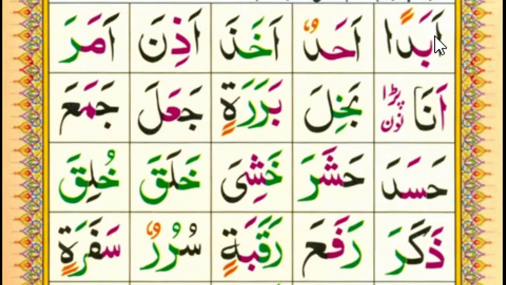So we say Hamza, Fatha, A. And the second letter we read Ba, Fatha, Ba. In spelling case we are doing this. Then we join Aba. After that we read the third letter Dal, double Fatha, Dan. And then we connect all together: Abadan.